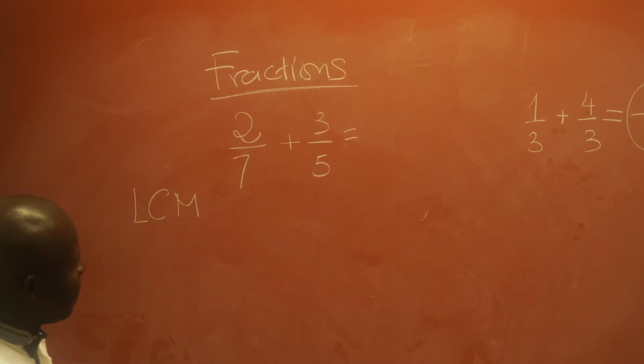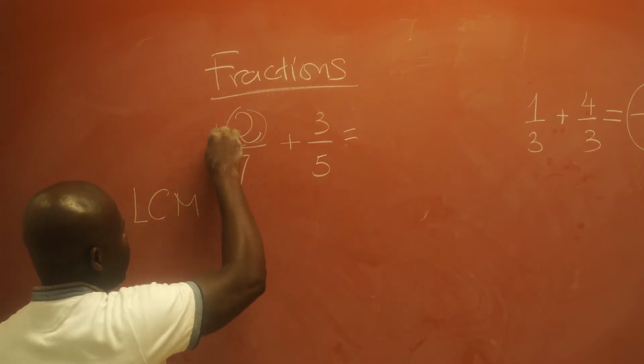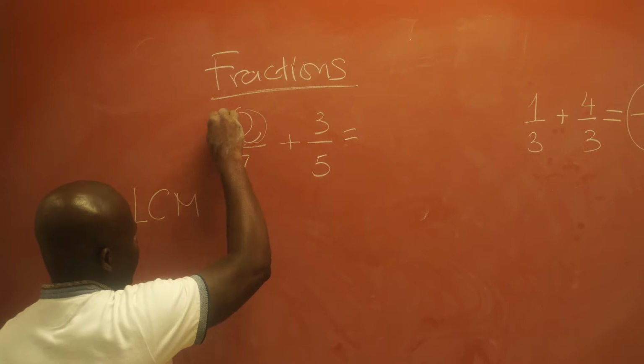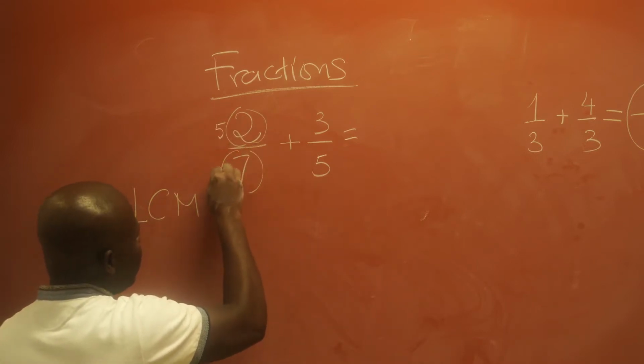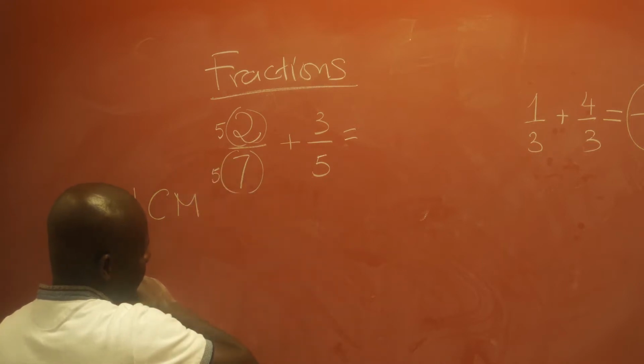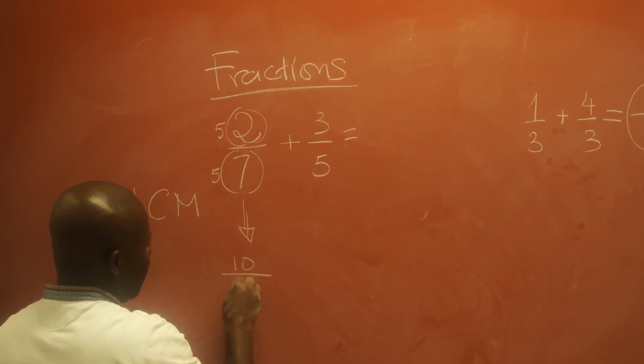So here, if I multiply the first numerator by 5 and then multiply this denominator by the same number, 5, I will end with 10 over 35.